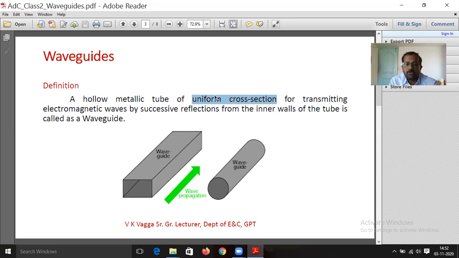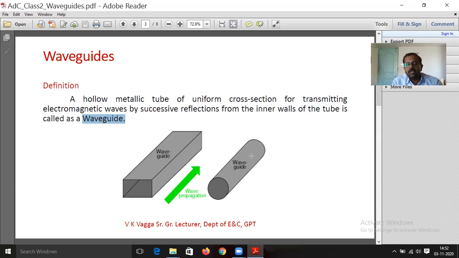Its cross section is uniform, meaning it is the same from one end to the other end, and it is mainly used for transmitting electromagnetic waves by successive reflections from the inner walls of the tube. That is called the waveguide.